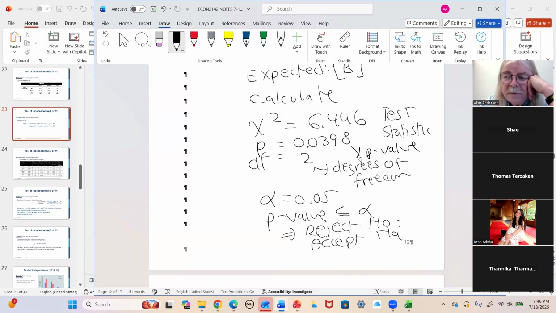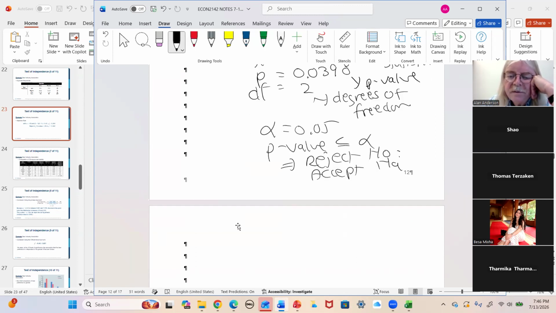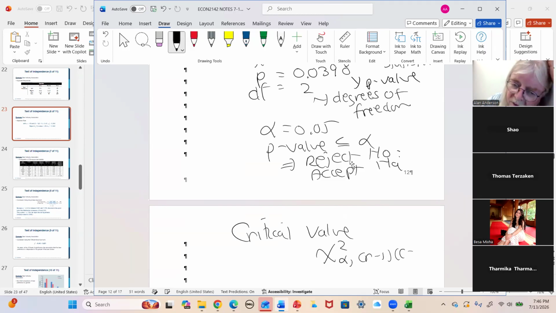Now, had you decided to look up the critical value, this is what you would have needed to do. Got chi-squared, and remember, it's alpha, and degrees of freedom is r minus 1, c minus 1.